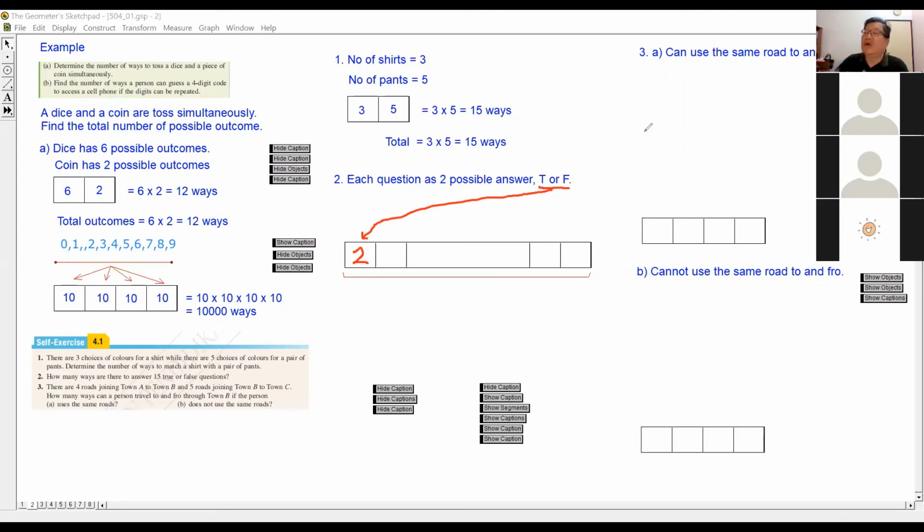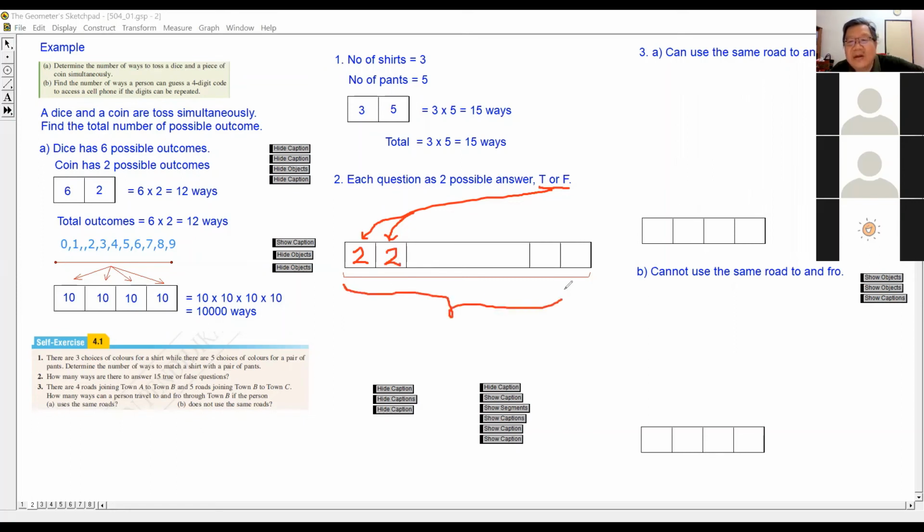Why 2 ways? Because the answer can either be true or the answer can be false. Now I ask you, second question, how many ways of answering the second question? 2. Correct, 2 ways.